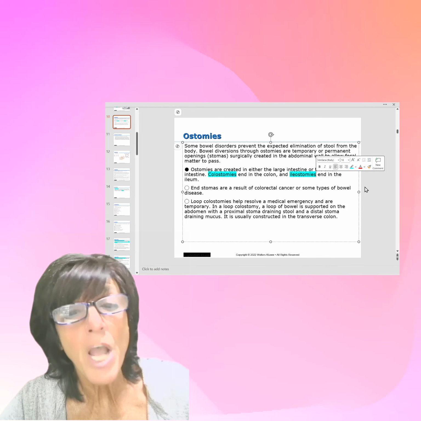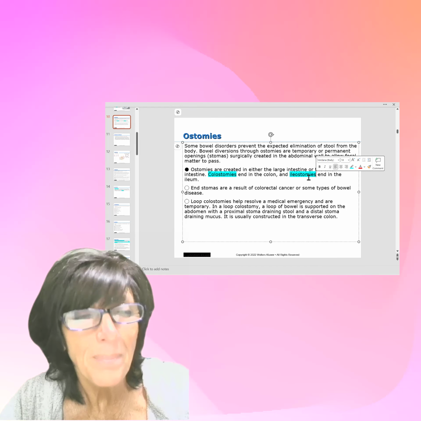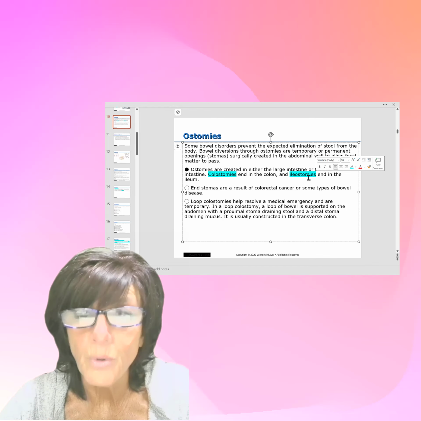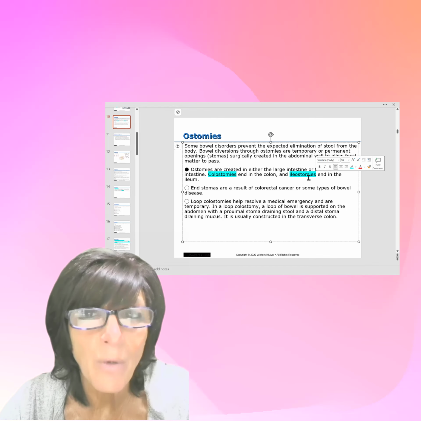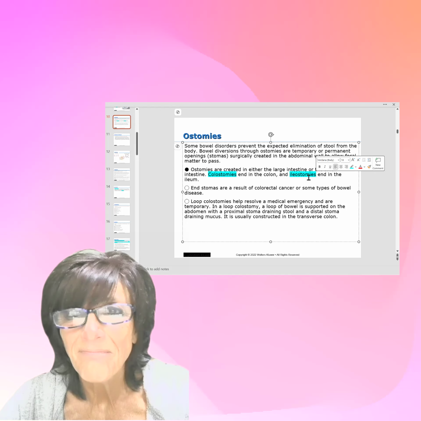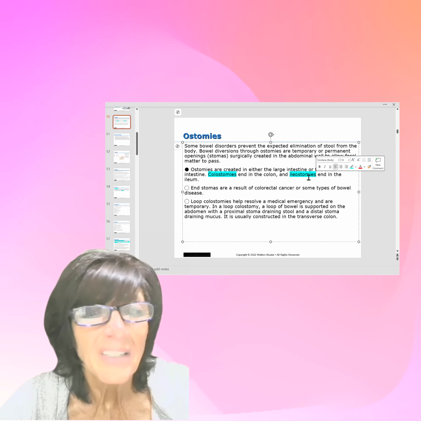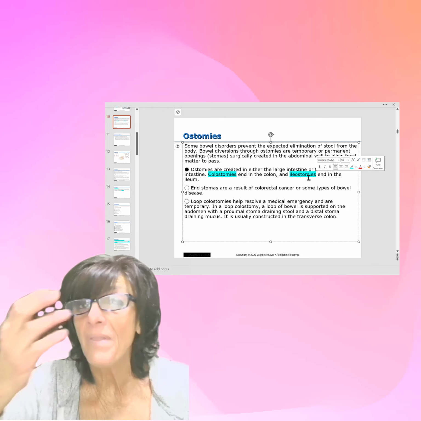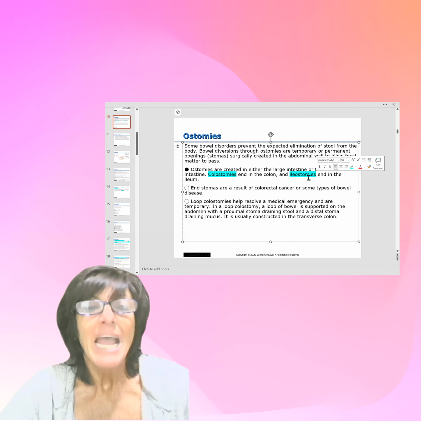It's important for you to know an ileostomy is going to produce effluent that is liquid and odorless, usually a greenish color, just pure liquid because it's high up in the digestive tract, right?